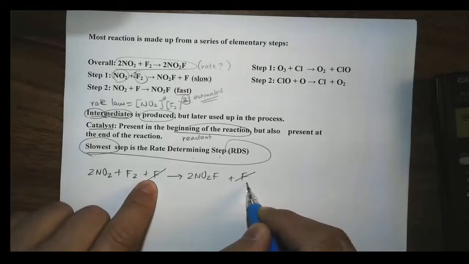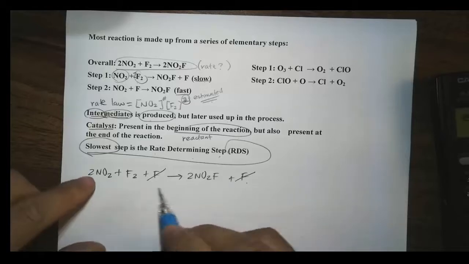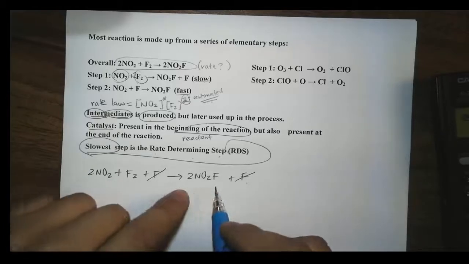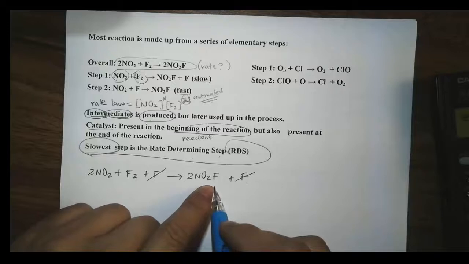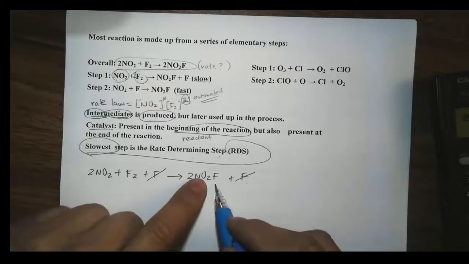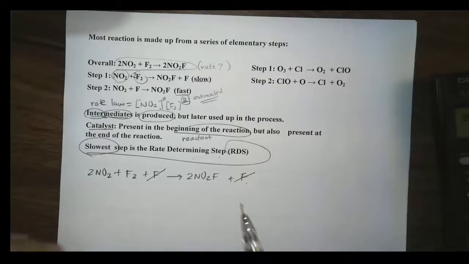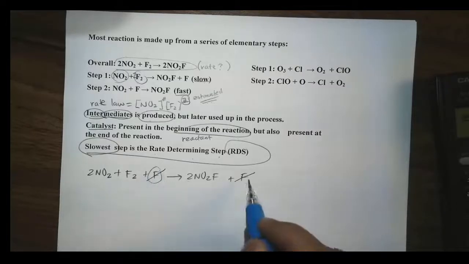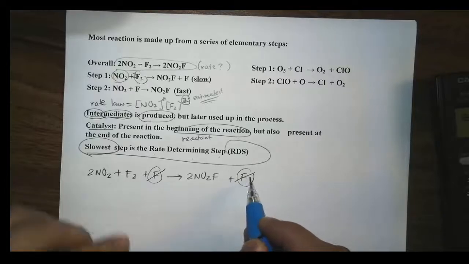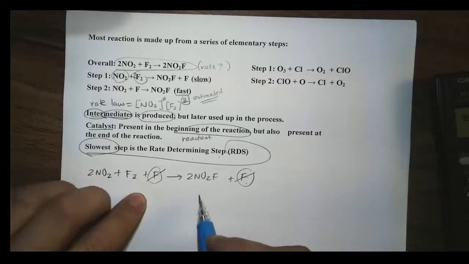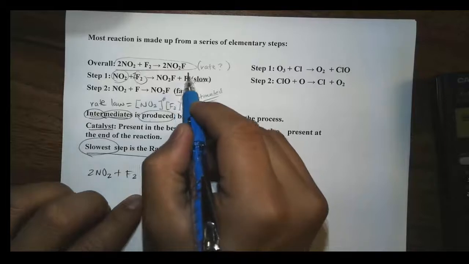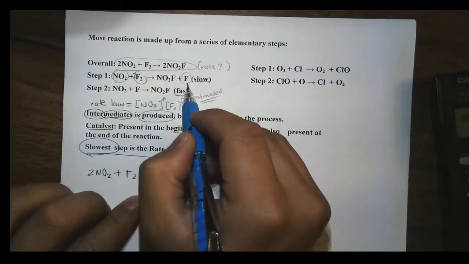Then what about the F2? Nothing we can do. And your NO2 cannot cancel out with anything. The same thing with that one, and the same thing with this one. So in this case, do we have a catalyst or an intermediate? Well, the F is being canceled out. But look at the chemical F. It happens to be on the product side.